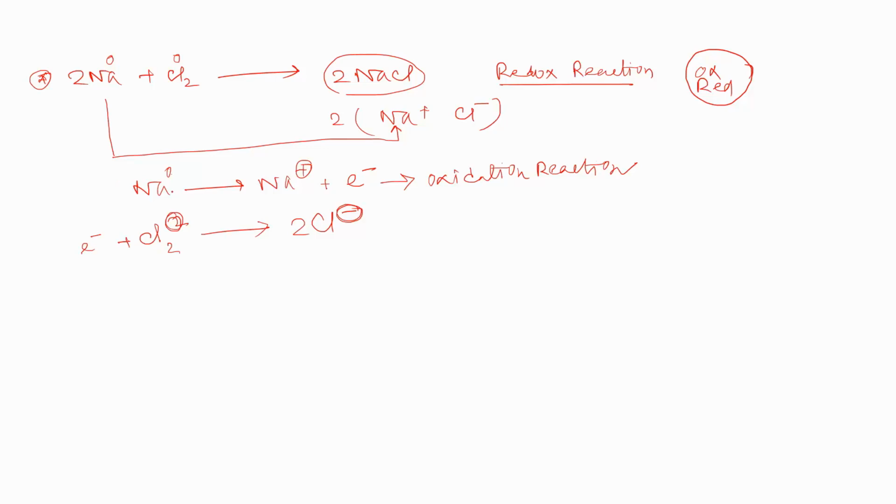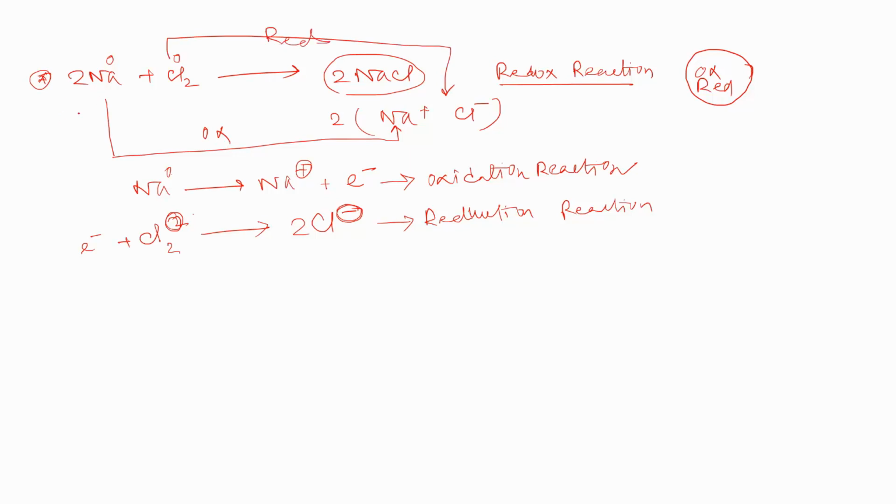But in this reaction, 0 to -1 oxidation state is transferred. That means 1 electron is gained. So here is gain of electron, that is the reduction reaction. So this is the oxidation reaction, and another is the reduction reaction.